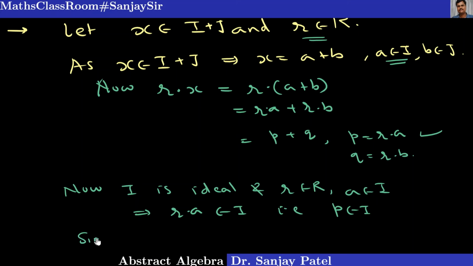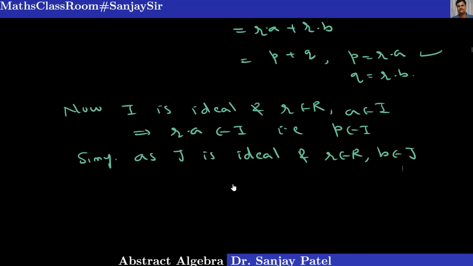Similarly, as J is an ideal, and r belongs to R and b belongs to J, I can write that r into b also belongs to J, and that is, q belongs to J, because J is an ideal.